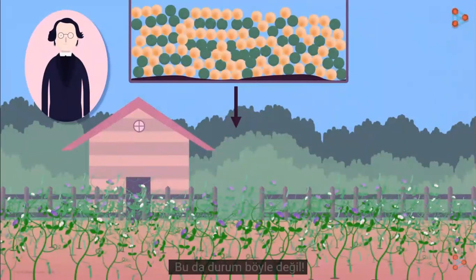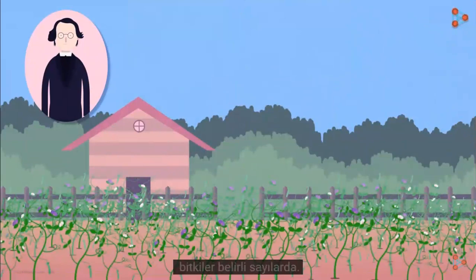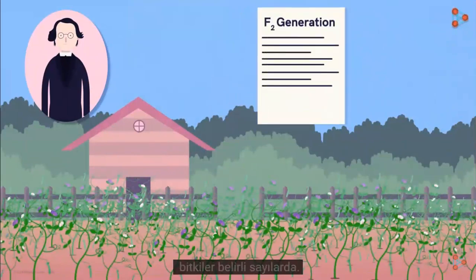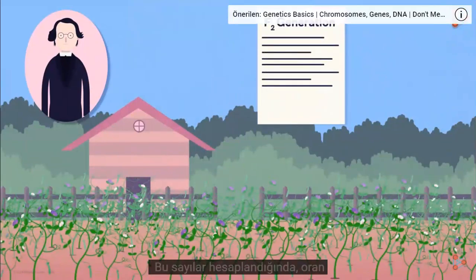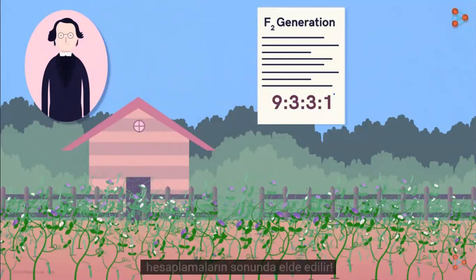Mendel had obtained many seeds, but when he grew plants from them, he obtained the plants in certain numbers. When these numbers were calculated, the ratio turned out to be 9:3:3:1. So basically, 9:3:3:1 is the ratio obtained at the end of the calculations. The total number of seeds, and thus the plants obtained, could be much higher.